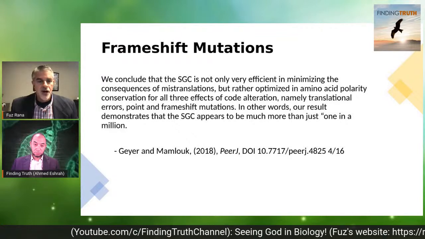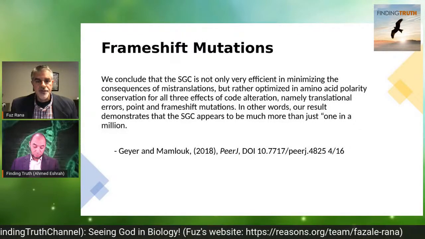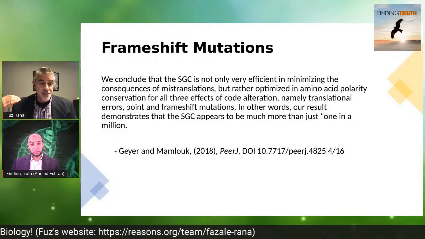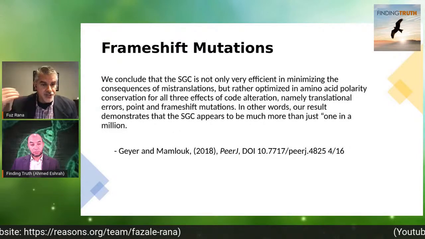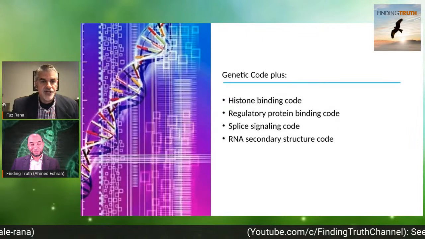In other words, our result demonstrates that the standard genetic code appears to be more than just 1 in a million." Wow. So in other words, it's not just simply point mutations, it's also frame shift mutations where you see this kind of optimization.